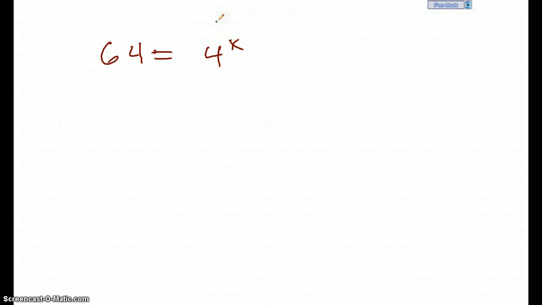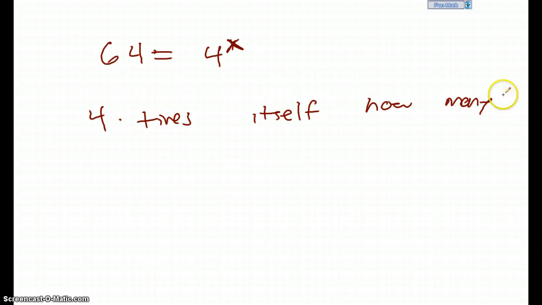Now, just to show that these can be arranged in any order, let me put the output on the left side and 4 raised to the x power on the right-hand side. So I'm asking, 4 times itself, how many times gives me 64?